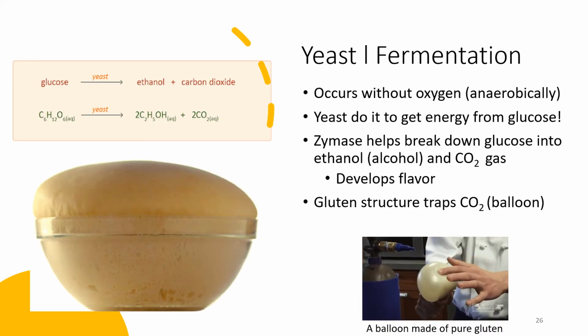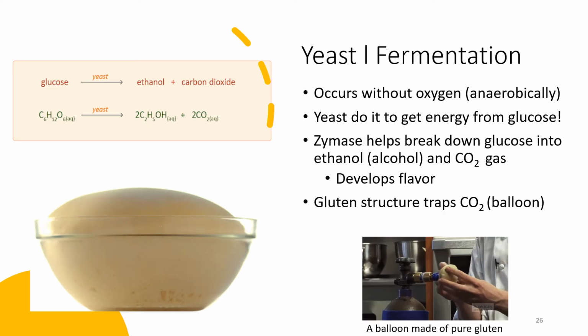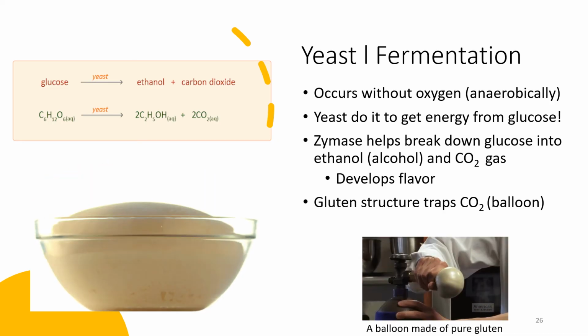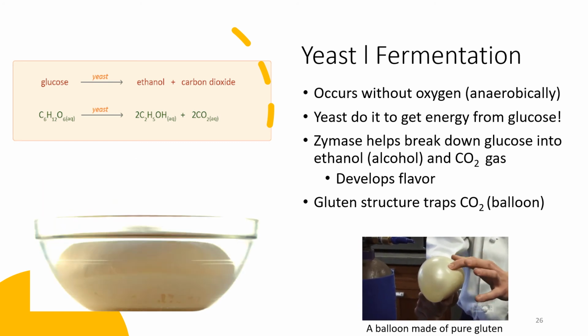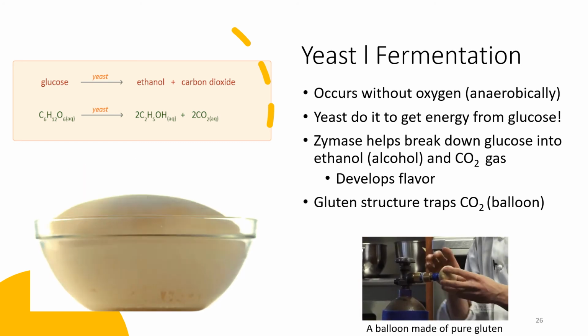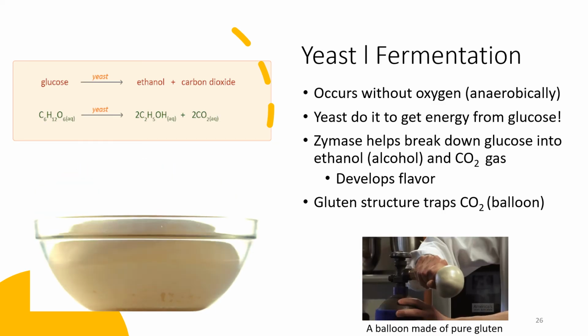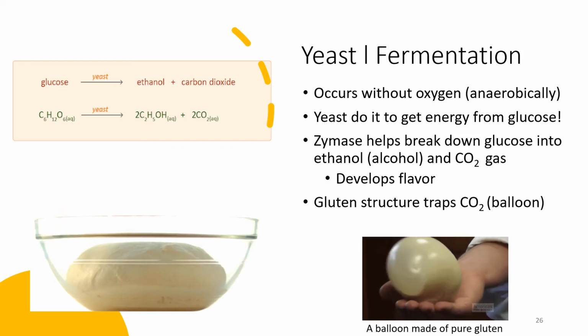This process can only occur anaerobically. So that's usually why bread is covered, and there are usually micro pockets within the bread, these little fermentation bubbles that are anaerobic habitats for the yeast to perform fermentation. The reason yeast are doing this fermentation is because they can extract energy from the glucose, which is very important for maintaining their populations and their biomass.